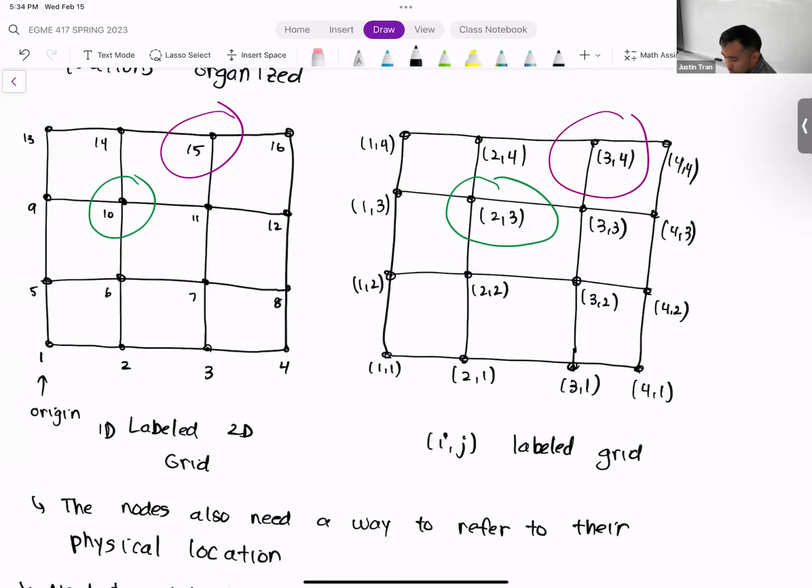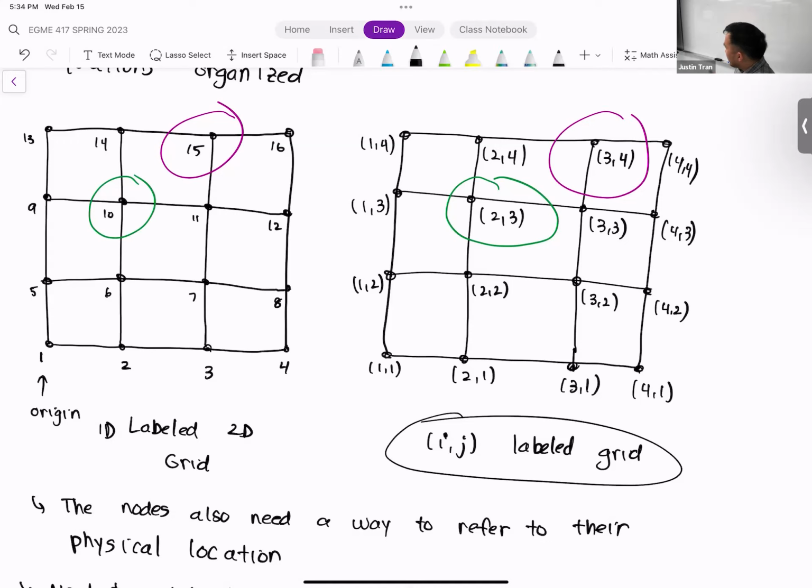Every node needs to have its own unique ID number. But we also need to keep track of the fact that each node has a physical location inside the domain. The most basic way to organize that is with an XY coordinate notation, and I call that the AIJ labeled grid.